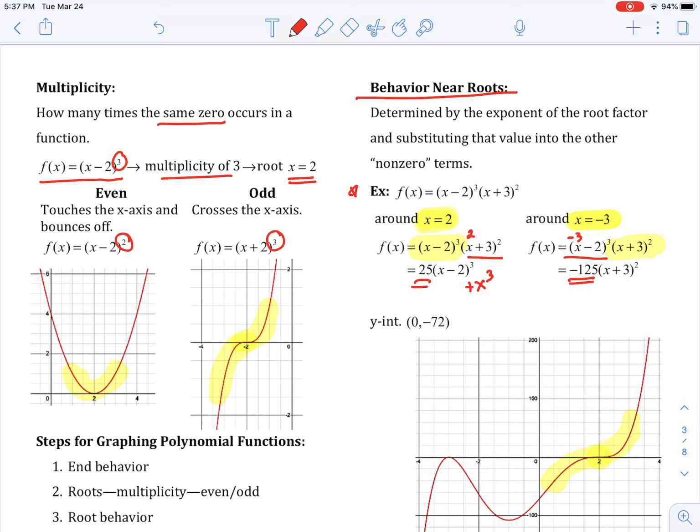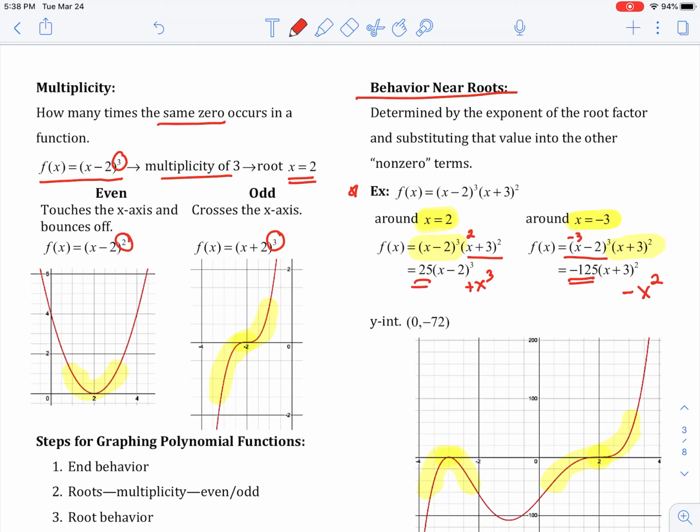So the behavior as we're approaching this x-intercept of negative 3 is going to look very similar to the graph of negative 125 times x plus 3 squared. Or it's going to look very similar to a negative x squared graph. And if we look at our picture here, we have this negative or reflected x squared type shape.